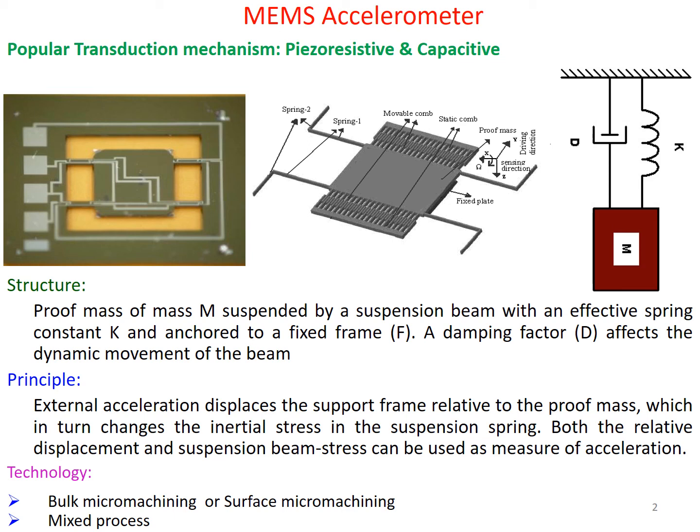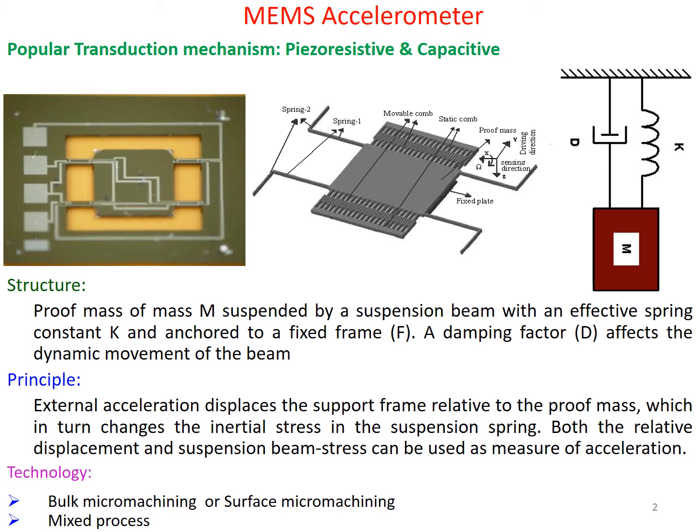And the technology used for fabrication of this device will be the micromachining technology. Here, just for a representative purpose, we have shown the piezoresistive accelerometer, and this is the capacitive type accelerometer.